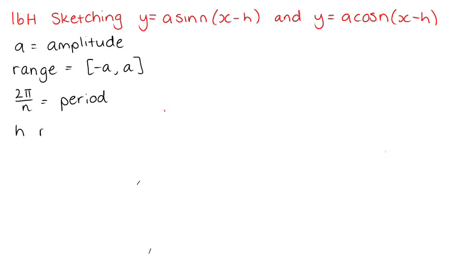And h moves the graph horizontally. Now, because it's x minus h, we see the same thing where you do the opposite sign. So if it's x plus 2, it moves 2 in the negative direction. And if it's x minus 2, it moves 2 in the positive direction.